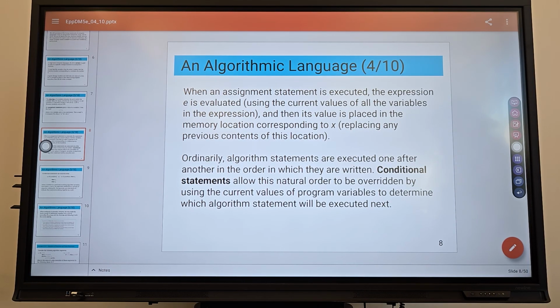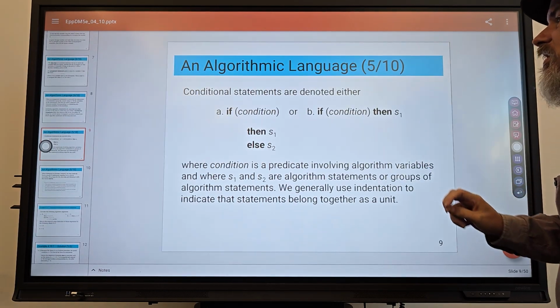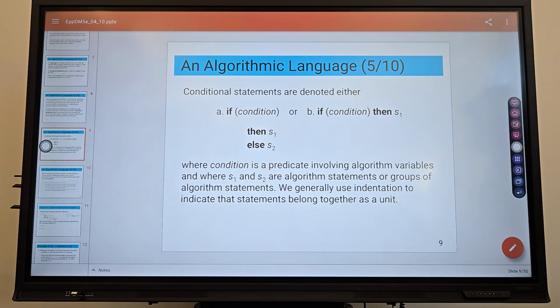Ordinarily, algorithm statements are executed one after another in the order in which they are written. Conditional statements allow the natural order to be overridden by the current values of program variables to determine which algorithm statement will be executed next. So, conditional statements are denoted by either if condition, then statement 1, or else statement 2.